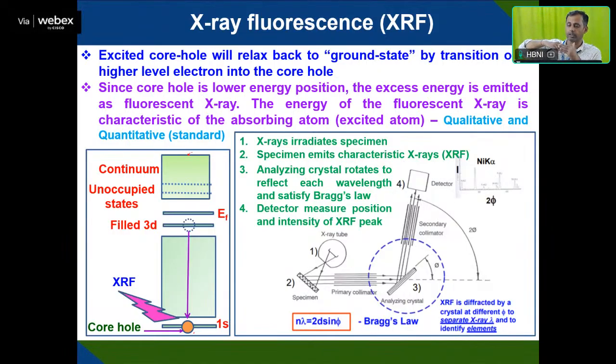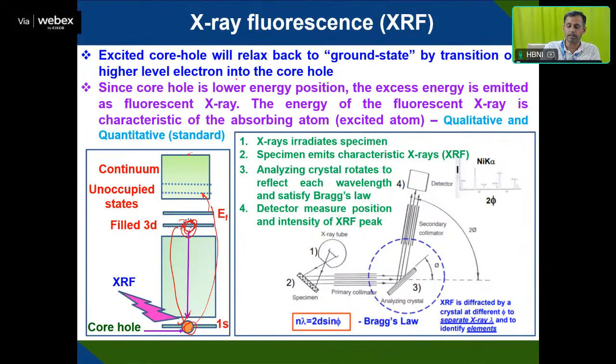It will go back to the ground state by a transition of a higher level electron into the core. So a higher level electron, once the core electron goes, a vacant site will be created, an unoccupied site. From there, the 3d electron comes here.